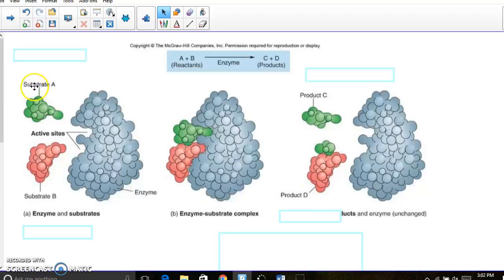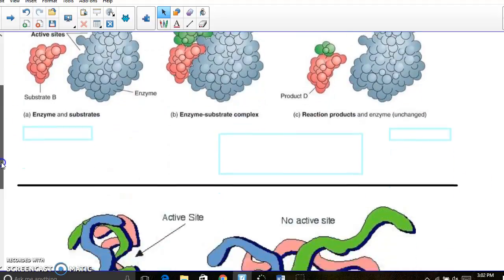So we started with something, we rearranged them using an enzyme, and you end up with something different in the end. And the enzyme is not changed. See, we have it unchanged. The enzyme is unchanged and can be used again.